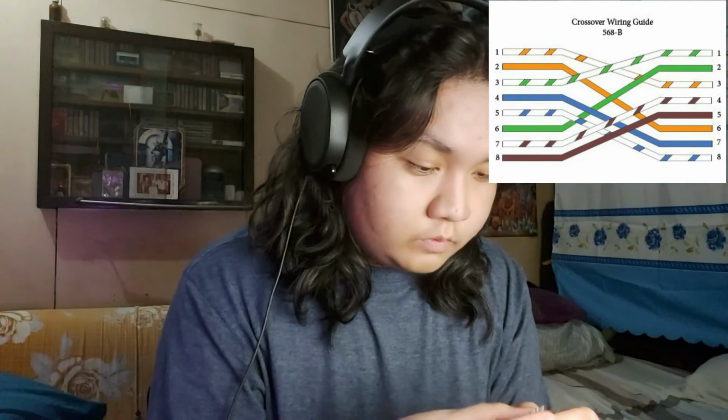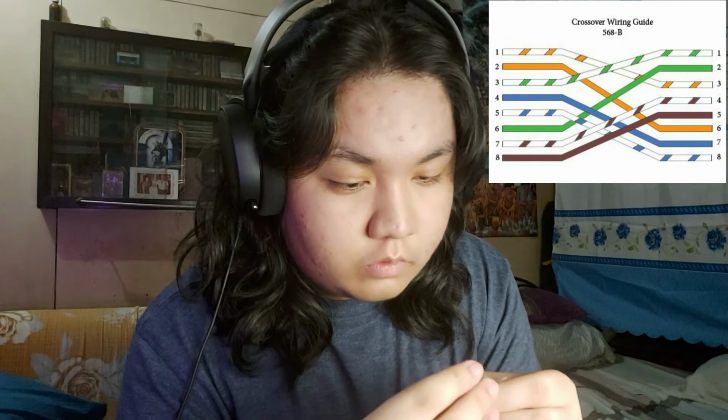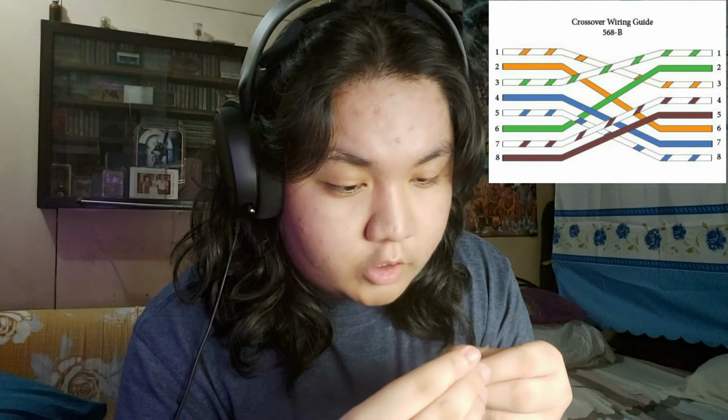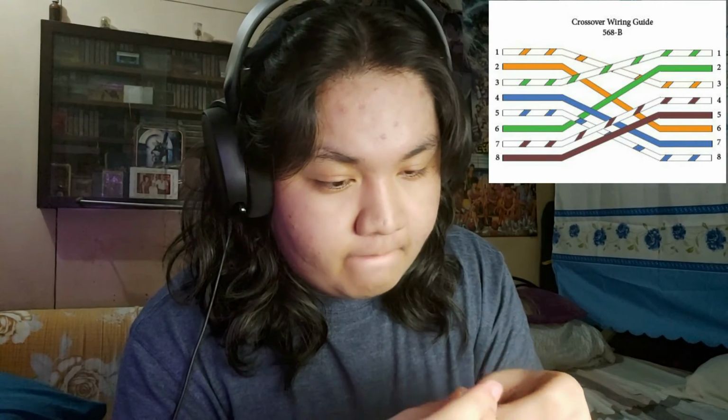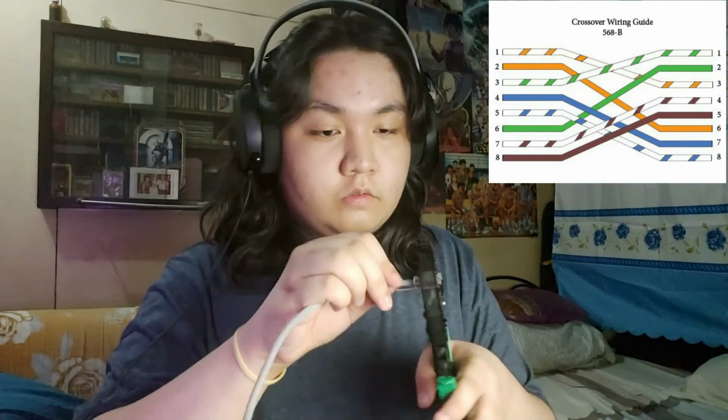So this will be the pattern for our crossover. We put it in the RJ45: white orange, orange, white green, blue, white blue, green. Then we use our crimping tool to tighten it.